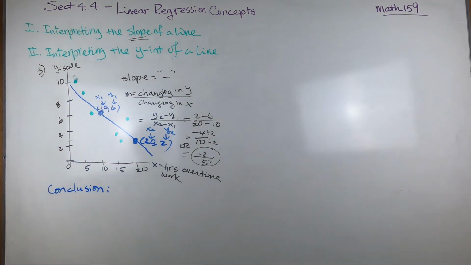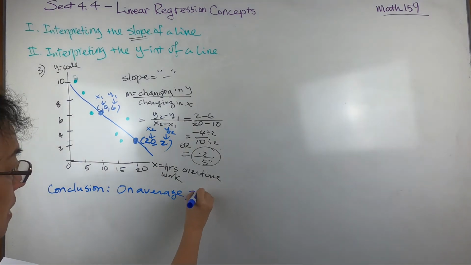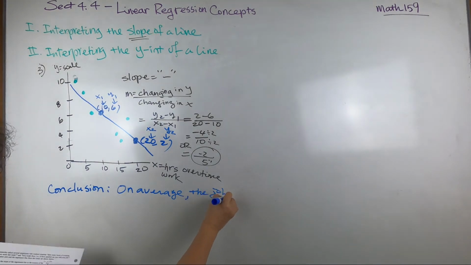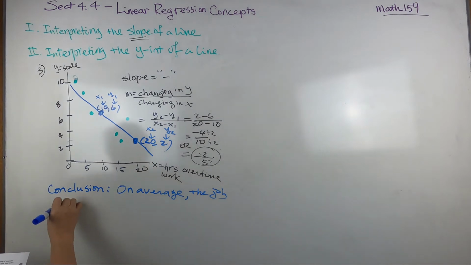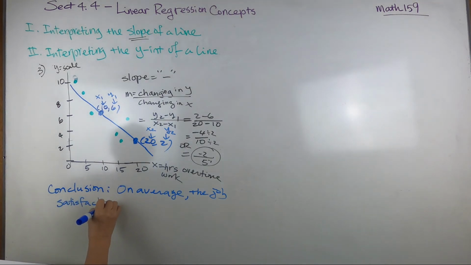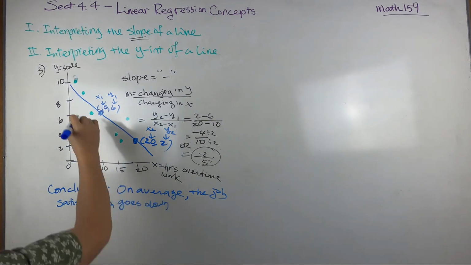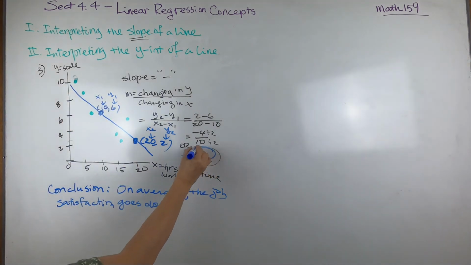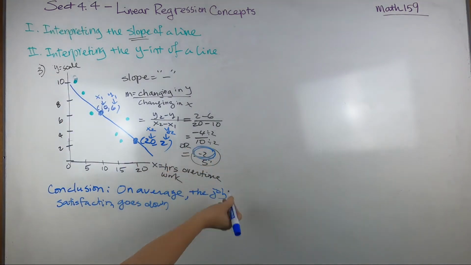How will we say it, right? On average. Okay? We are talking about the job satisfaction. The job satisfaction what? Goes down, right? Goes down. This is the change in y. Goes down, negative 2.